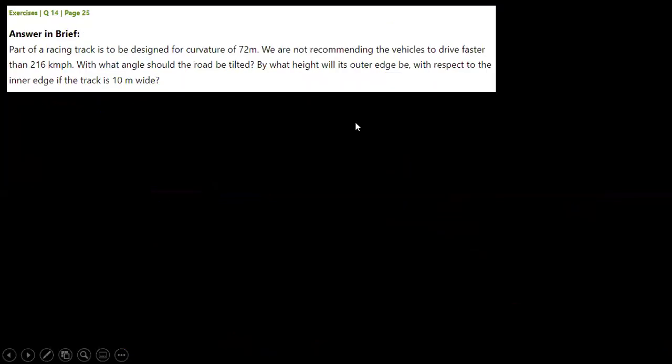Next. A part of a racing track is to be designed for a curvature of 72 meters. You have been given the radius of curvature, 72 meters. We are not recommending that vehicles drive faster than 216 kilometers per hour. kmph means kilometer per hour. We are not recommending means this is the most safe speed given to you.